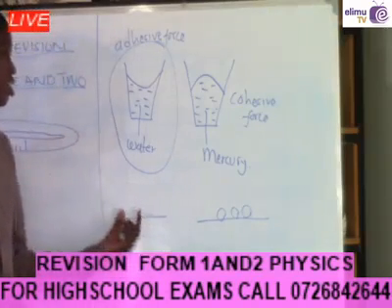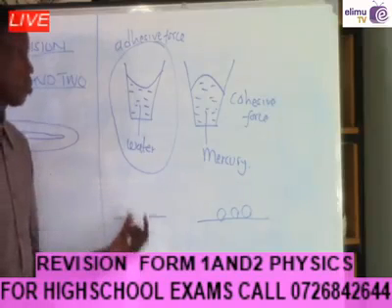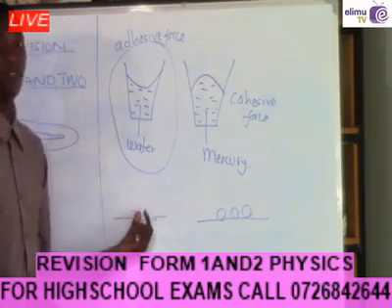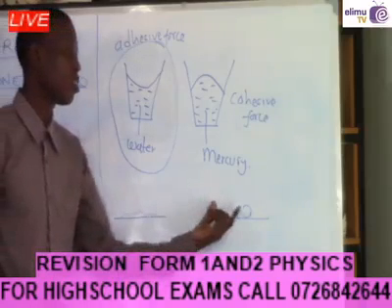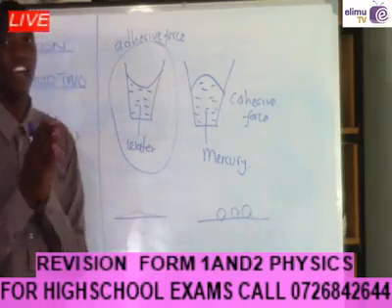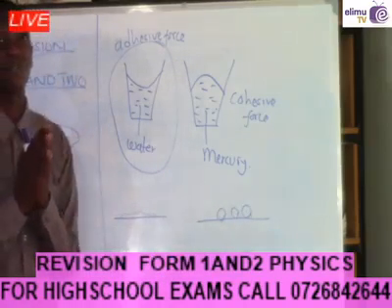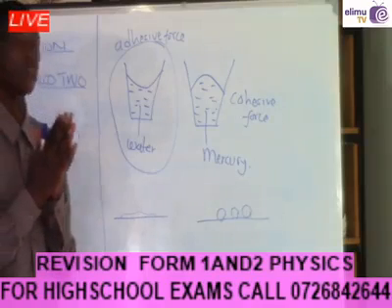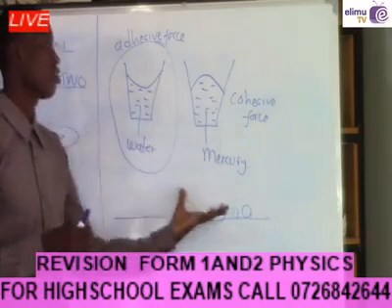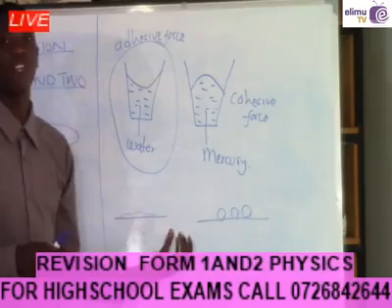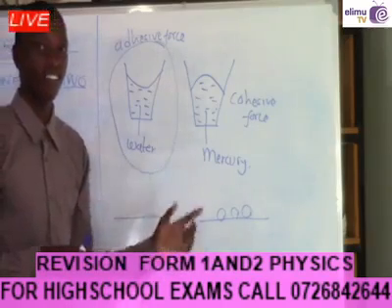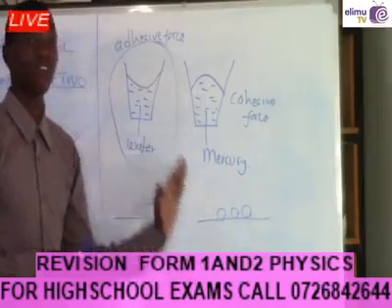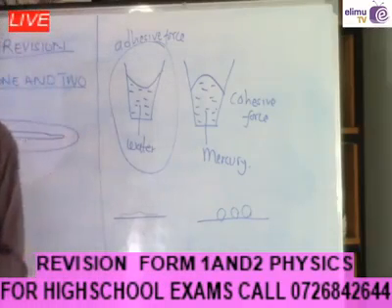We have the adhesive forces in water, whereby the molecules of water are attracted to the molecules of the surface. But here we have cohesive force, where we have the force of attraction between molecules of mercury alone. So these are some of the diagrams that might come in your exam, and will require you to illustrate the difference between cohesive and adhesive forces.